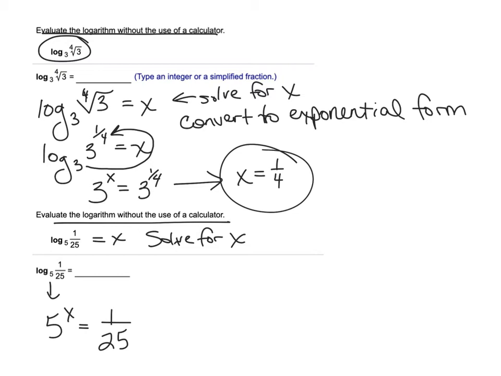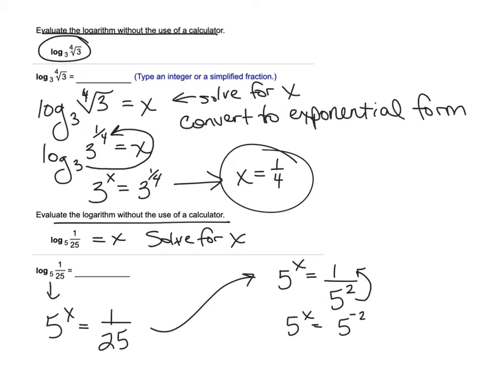Now we have an exponential equation that we need to solve, and we can relate the bases. We come over here to solve it. 5 to the x. We know that 25 is 5 squared. We worked one similar to this before. We need 5 to be up in the numerator, so that's 5 to the x equals 5 to the -2.